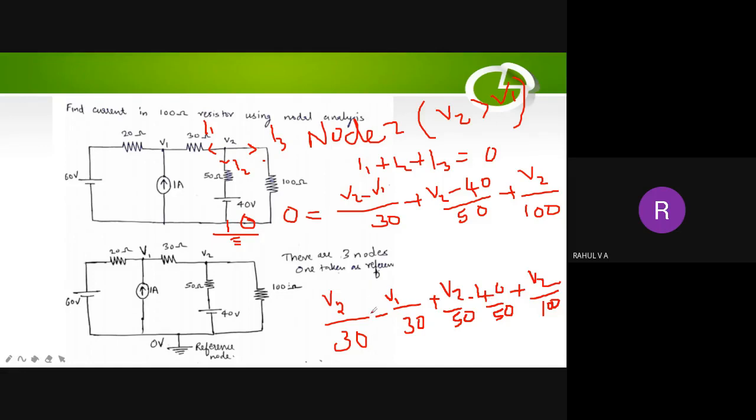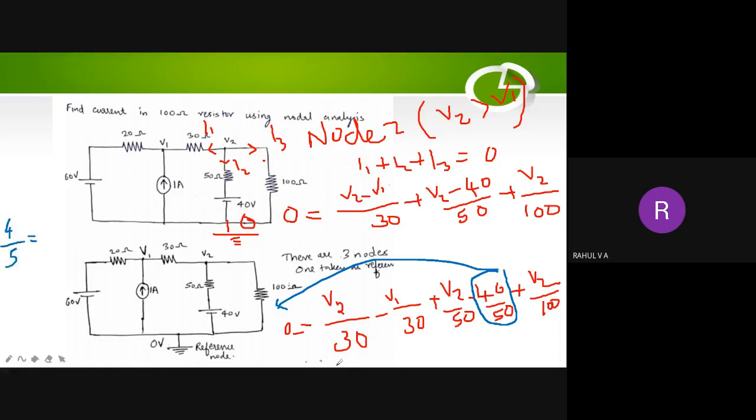And then that is equal to 0. You take this minus 40 divided by 50 to this side. So 40 divided by 50 is 4 by 5.